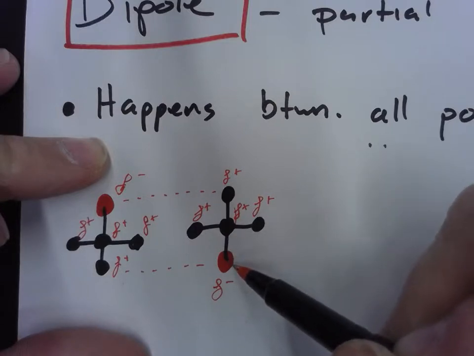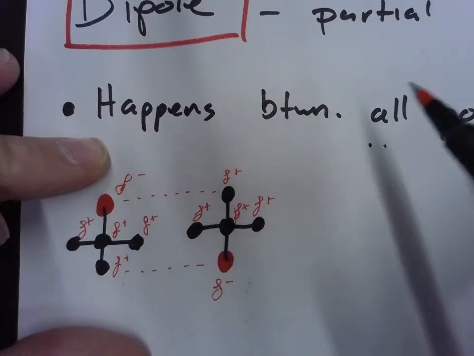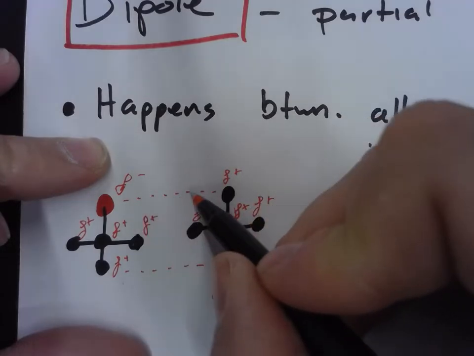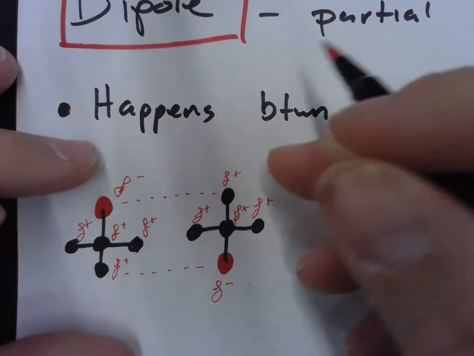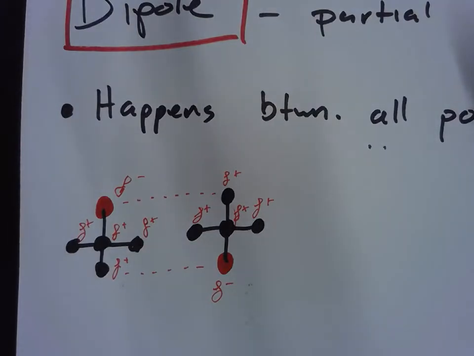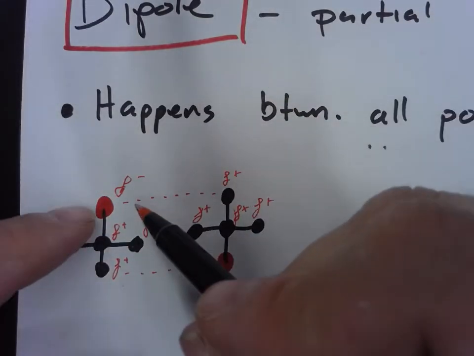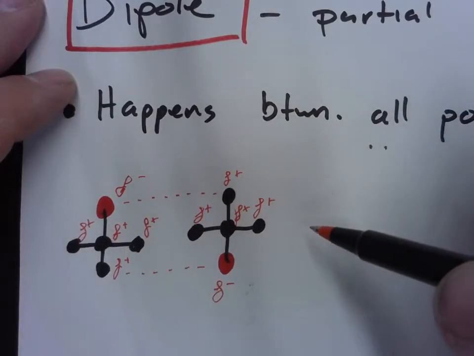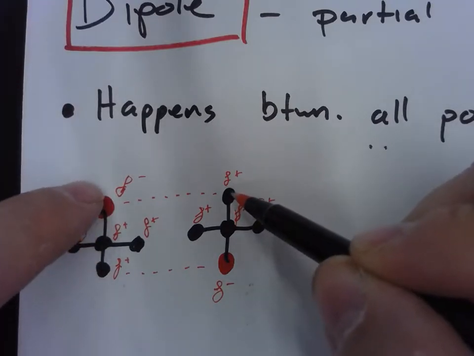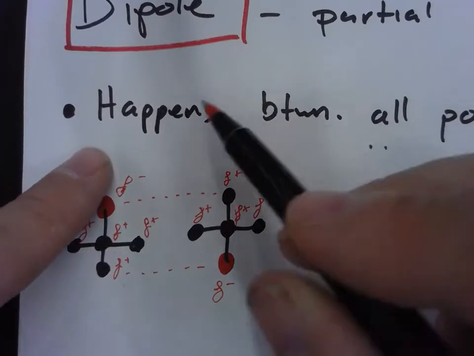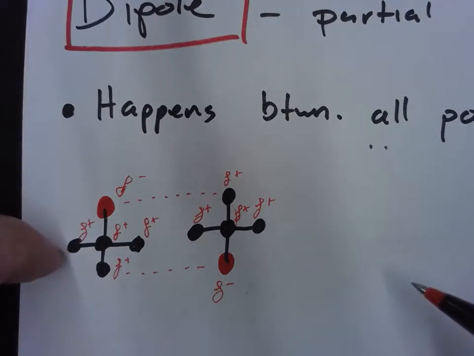So let's be clear, we're talking about this dashed line here. That's this attraction, like two magnets, that these molecules have to one another. And when you've got a polar molecule, there's going to be this dipole-dipole interaction.